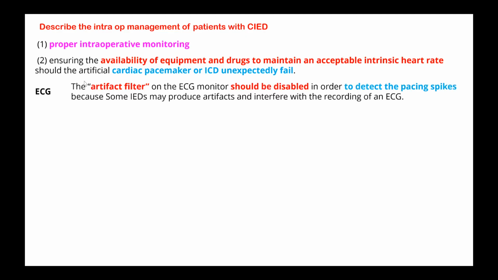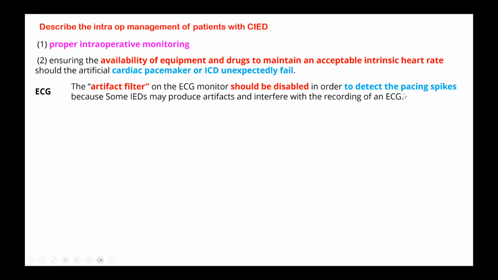The artifact filter in the ECG should be disabled. Normally, all the ECG monitors we put on filter to avoid electrocardiographic disturbance and other earthing disturbance from the electrical circuit. But here, because the pulse generator delivers its current, that has to be sensed. If you put on the artifact filter, the spike that is produced by the pacemaker will not be detected.